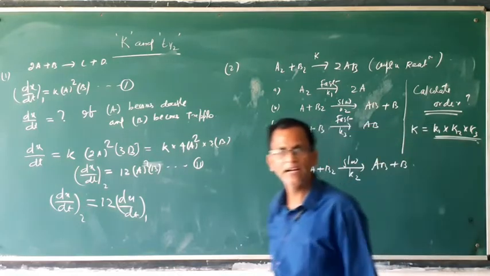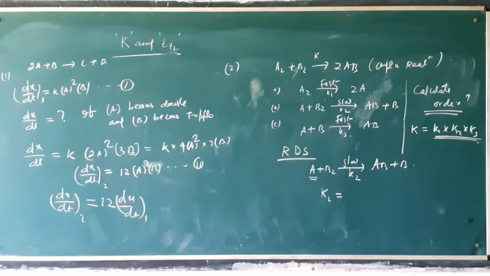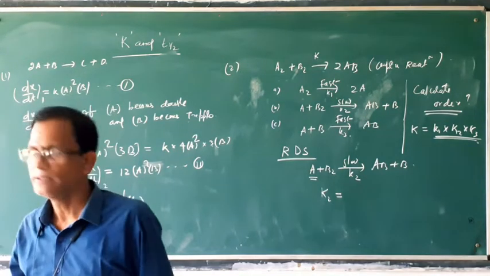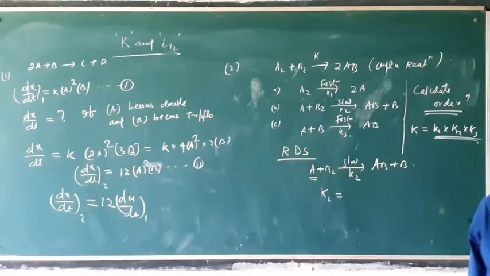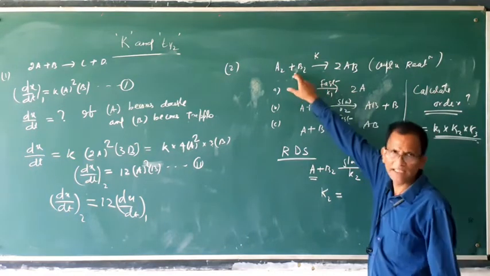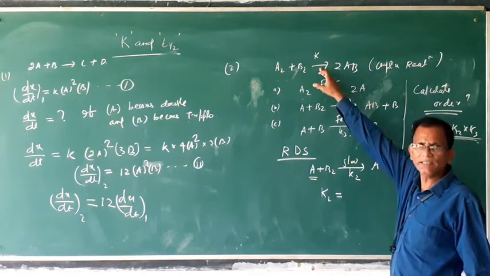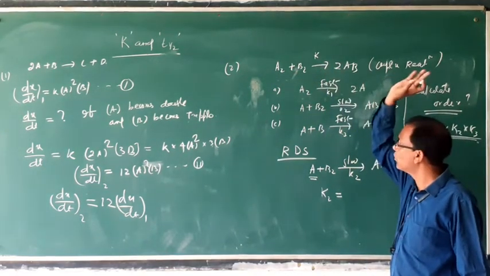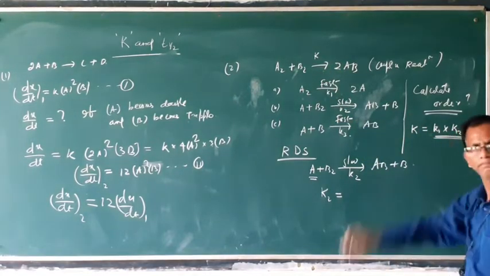Because already we have read in the equilibrium chapter, when equations are added, the net equilibrium constant will be equal to the product of all the equilibrium constants of each step. By adding these three, we will get the final equation. That's why K means the equilibrium constant of the overall reaction. K is equal to K1 into K2 into K3.